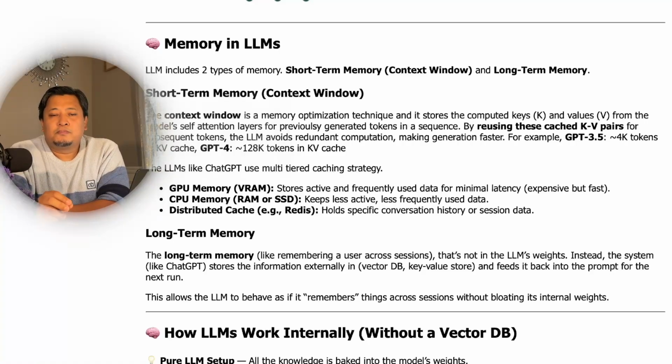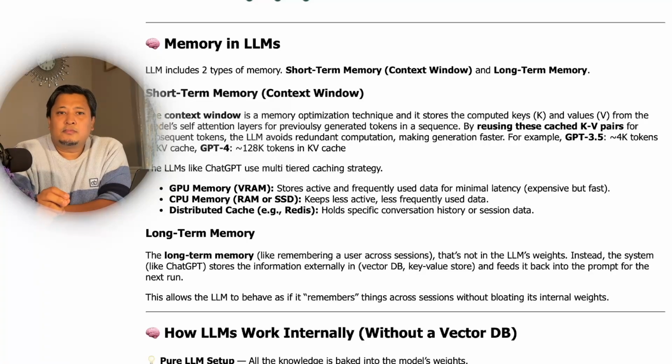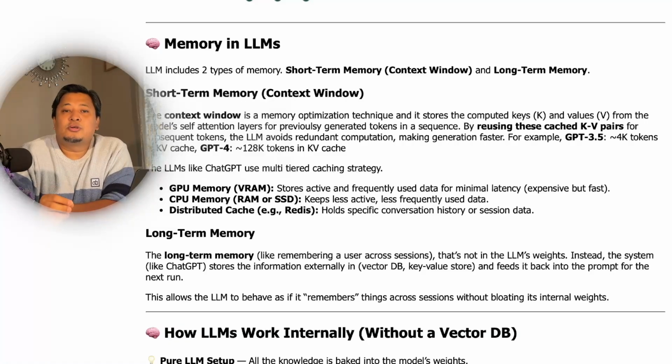Context window, or the short-term memory, is a memory optimization technique. It stores the computed key value pairs. So by using the cached key value pairs, the large language model reduces redundant operations and also helps to generate a faster response.